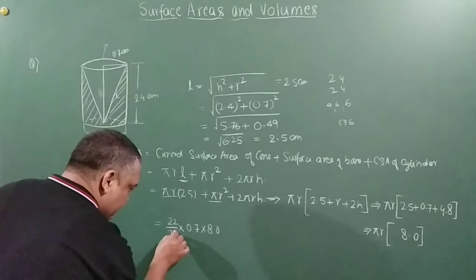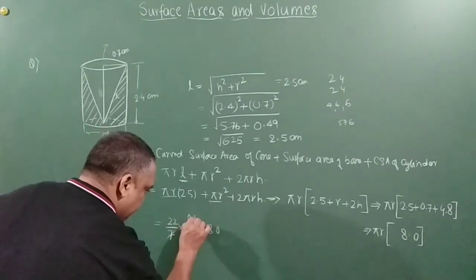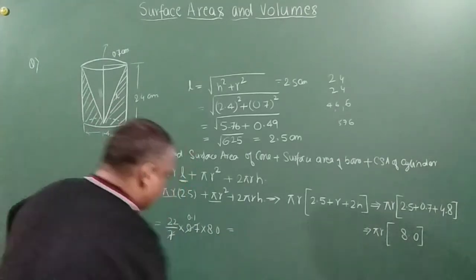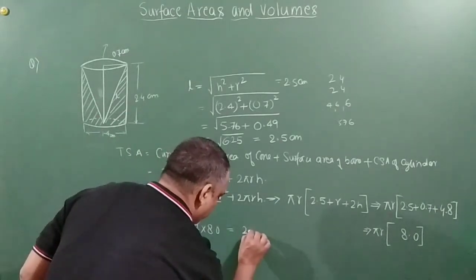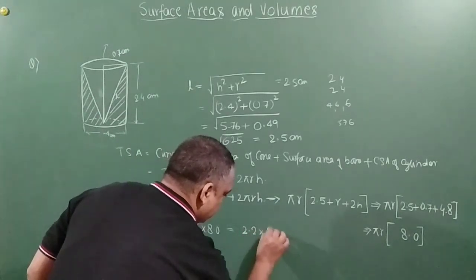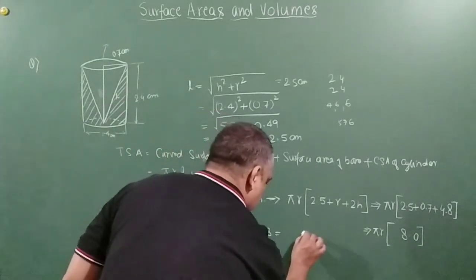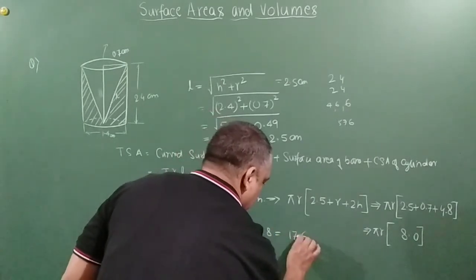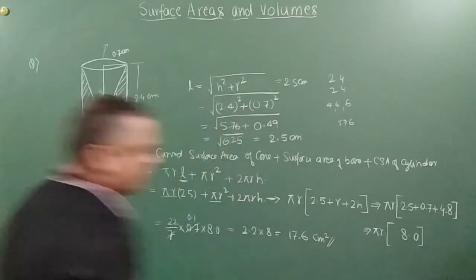So this becomes how much, friends? This becomes 0.1. Right? So that is equal to 22 into 0.1, nothing but 2.2 into 8, which is equal to 17.6 centimeter square. Right, friends?